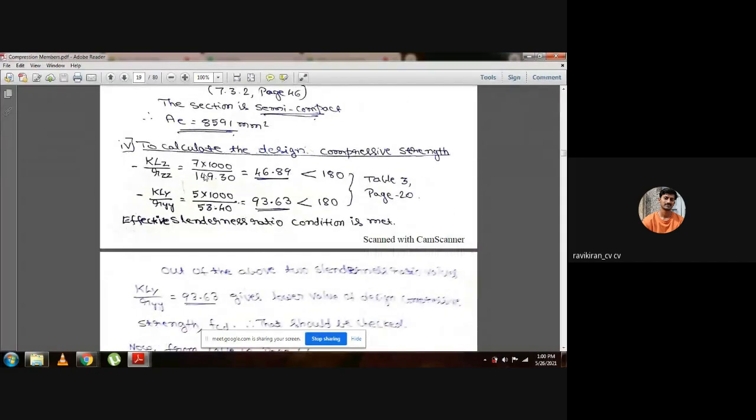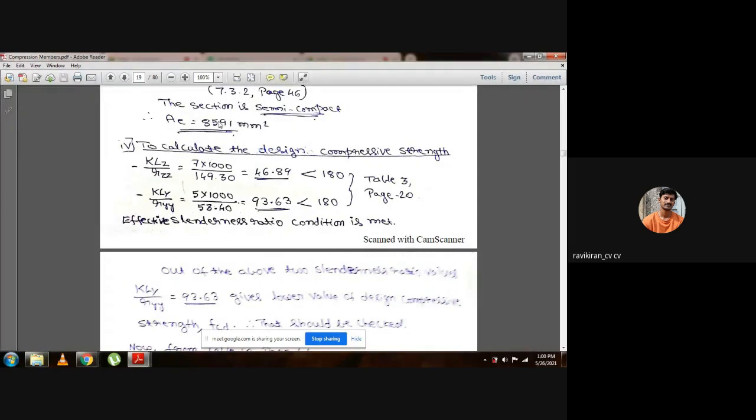Now, to calculate the design compressive strength, we know that KL by r will give one value, and corresponding to that value we should go and find the fcd value. So KL by r: the effective length is given, and the radius we just noted down from the sectional properties, radius of gyration in ZZ plane and YY plane.